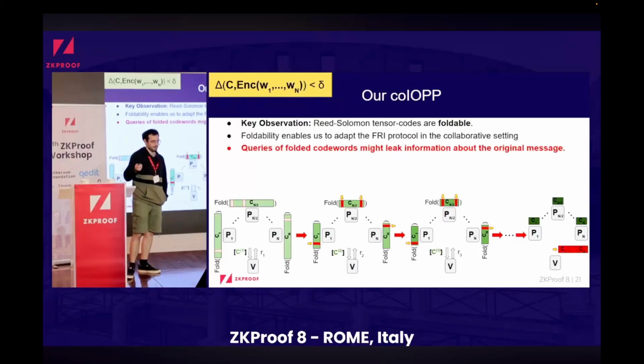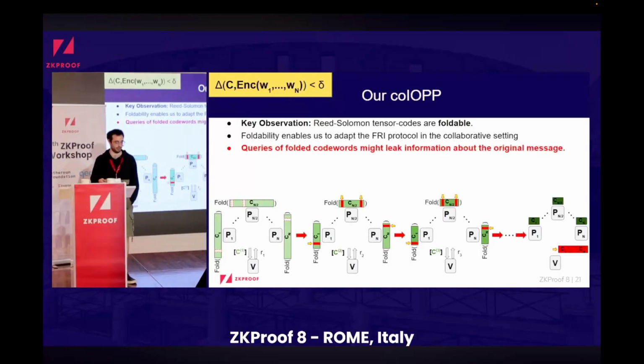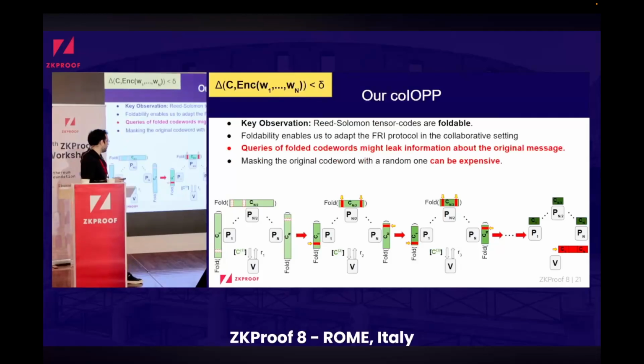Unfortunately, this protocol is not zero knowledge, and that's because the queries done by the verifier over the folded codewords might leak some information about the original message. One way to overcome that issue would be to simply use the techniques of zero-knowledge FRI protocols and mask the original codeword with another random codeword.